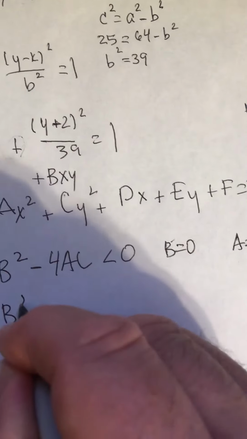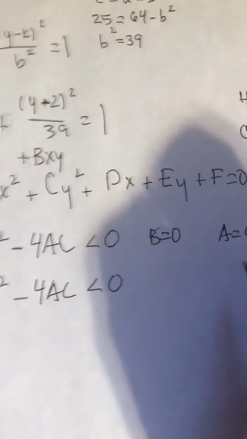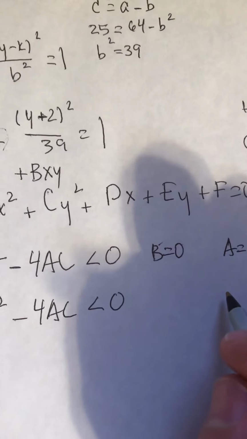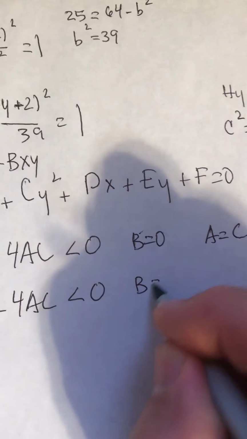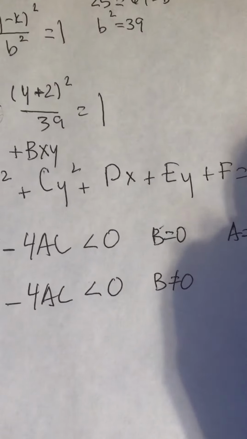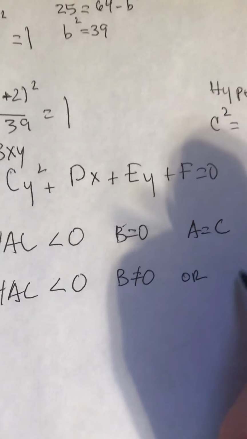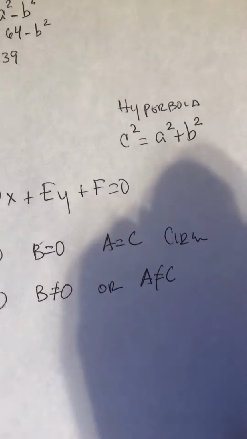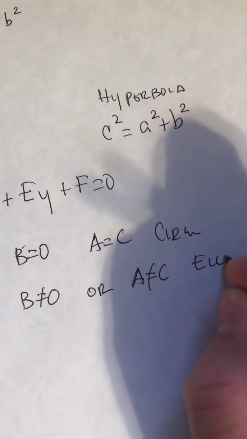If b squared minus 4ac is negative, and if b is not equal to 0, or if a is not equal to c, it's an ellipse.